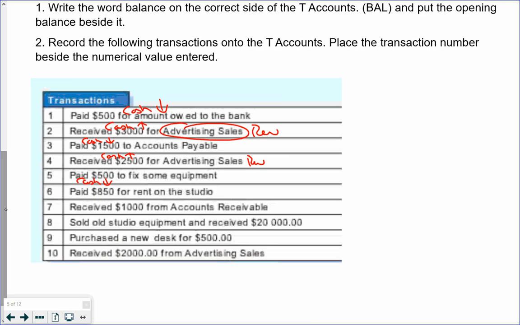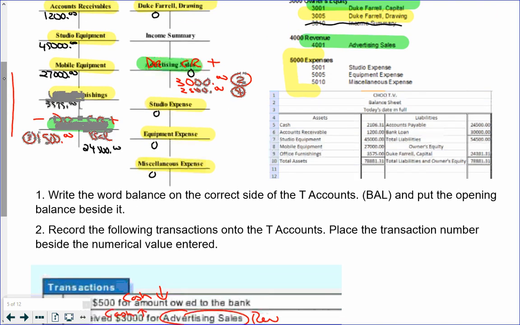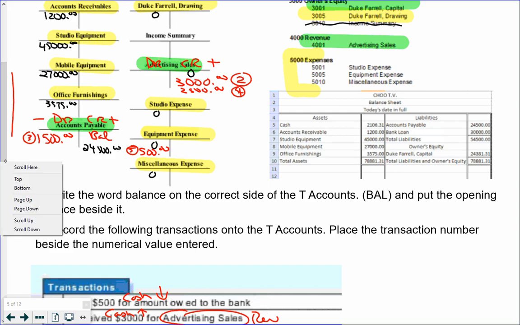So you paid to have it fixed. That's an expense, right? It's money out. So if I have credited cash, that means then that I have to debit equipment, right? For every credit, there's a matching debit because I paid cash to fix it.